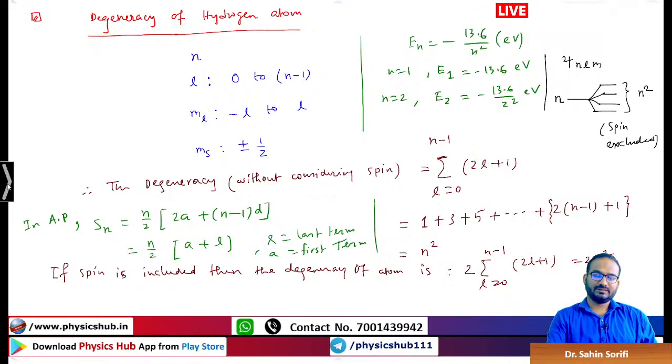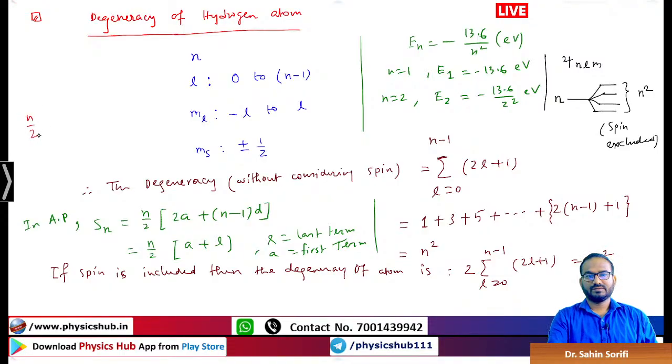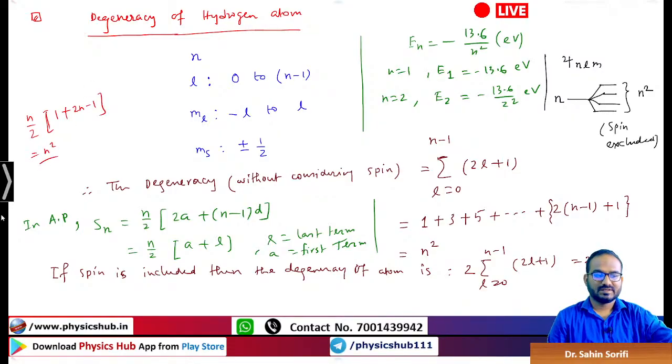Just put this formula. I think it is very straightforward. n by 2, because total number of terms is n. a is 1, plus l is this term, 2n minus 2 plus 1, so 2n minus 1. So the 1 gets cancelled, and we get n square. Clear?